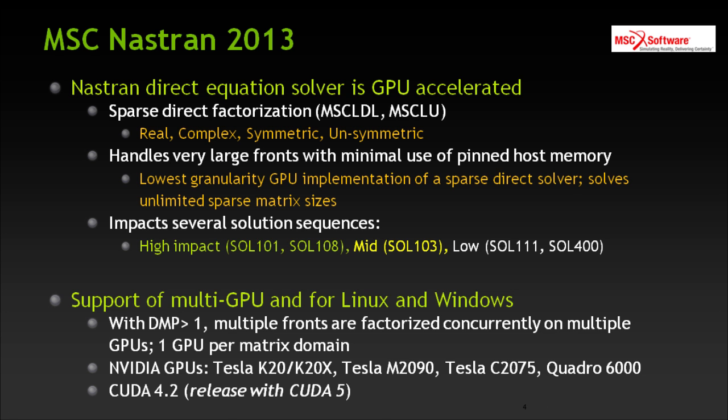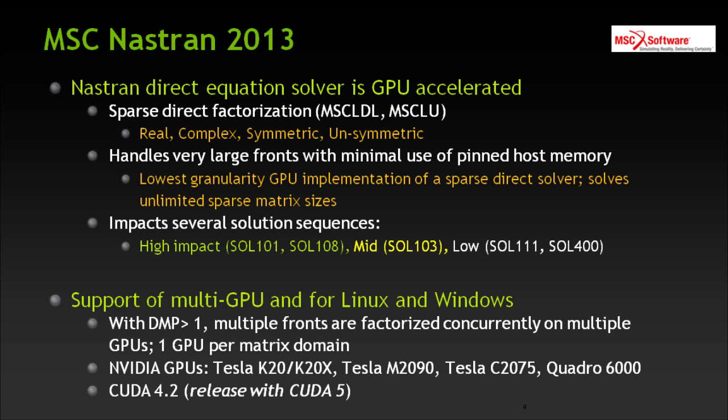And in terms of usage, any blocky or any fat BLAS3 code path is a potential candidate for GPU execution with MSC Nastran. The sparse direct solver impacts several solution sequences in MSC Nastran. Solution 101, the stress analysis, and solution 108, the direct frequency response analysis, see the most impact.